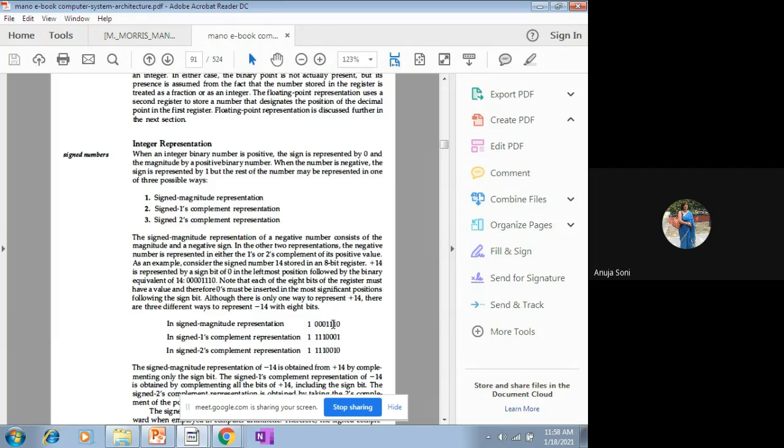Afterwards, each and every digit will be inverted, excluding the sign bit. So this 1 will be replaced by 0, 1 by 0, 1 by 0, 0 will be replaced by 1, 0 by 1, 0 by 1, and the sign bit 1 will remain as such. So this will be the 2's complement representation of a negative number.